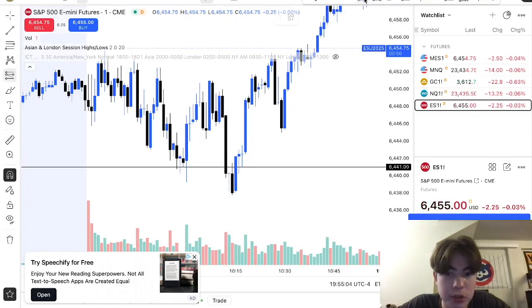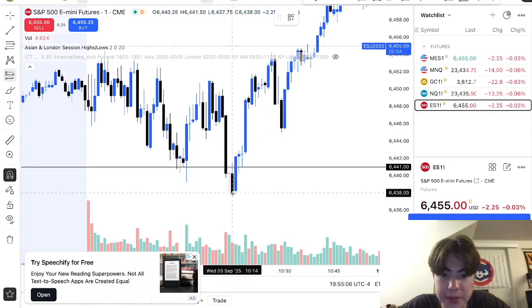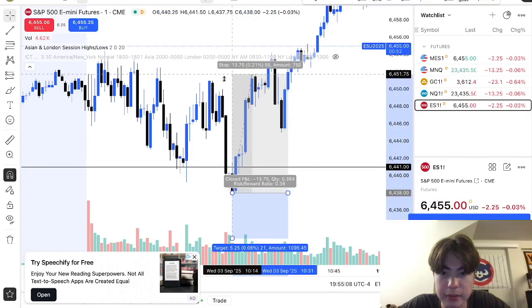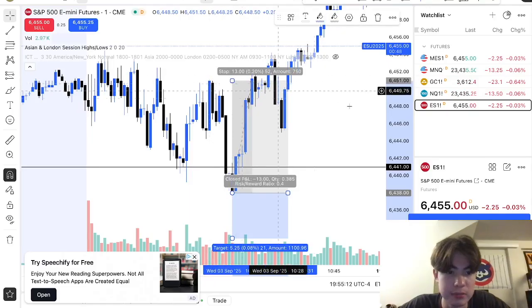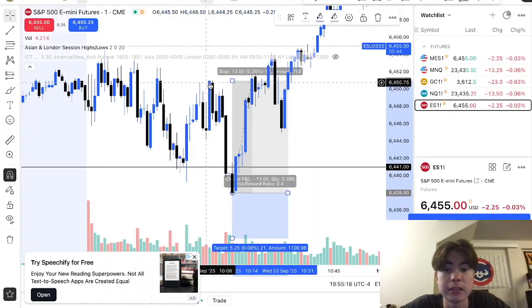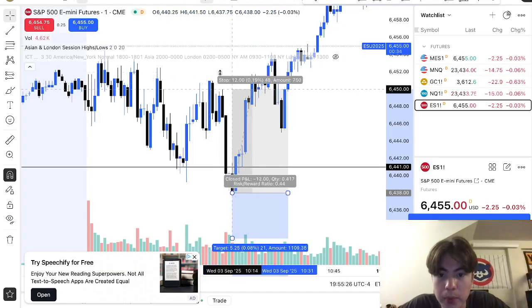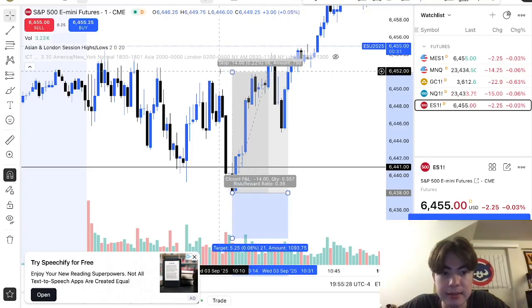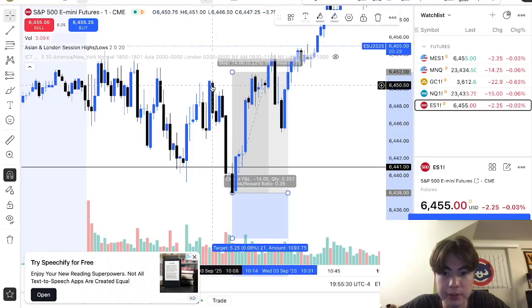I entered short right here off of this candle, and I put stops above here because on NASDAQ, this high was where the liquidity sweep happened. So on NASDAQ, this is basically a liquidity sweep of London high. The 10:07 candle on the 1 minute swept London high on NASDAQ, and this is the 10:07 candle on ES. So that's where I put my stop loss.